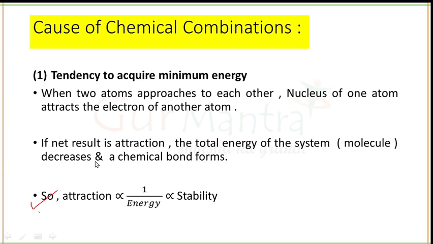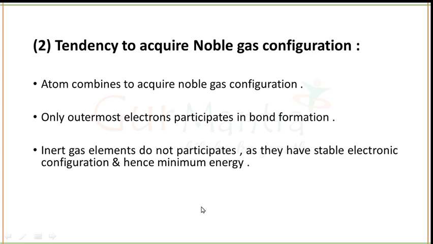In case attraction increases between two different atoms to form a molecule, its energy decreases, and if the energy decreases, the stability increases. So this point is very important. As the attraction increases, energy decreases and stability increases.